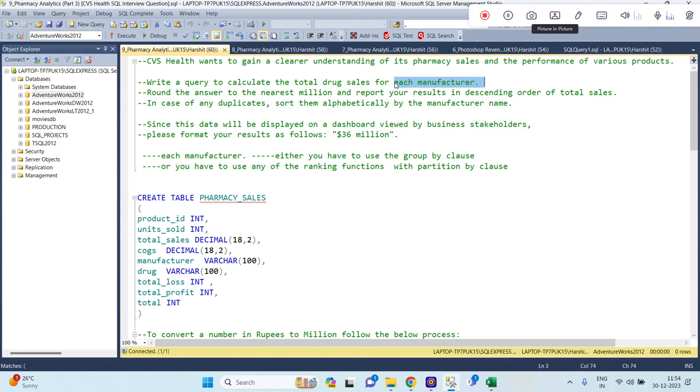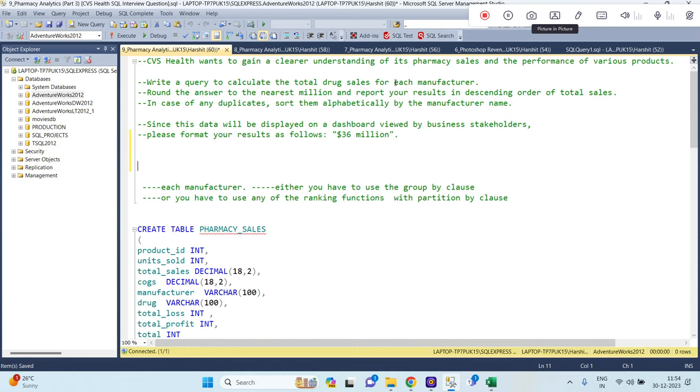So now understand one thing. Whenever we find each product category, each product subcategory, each manufacturer, at that time either we have to use the group by clause or we have to use ranking functions.